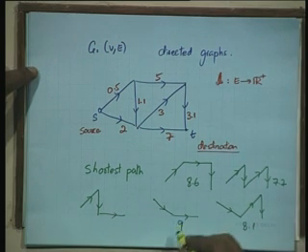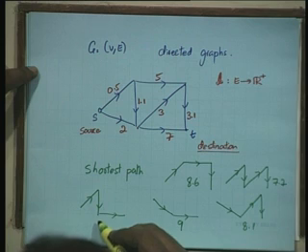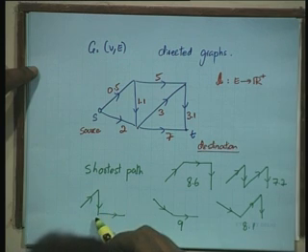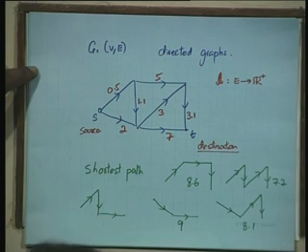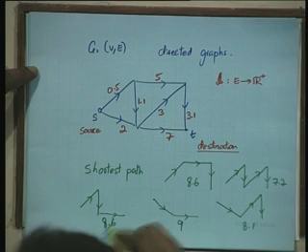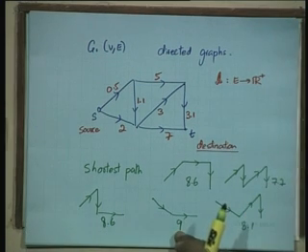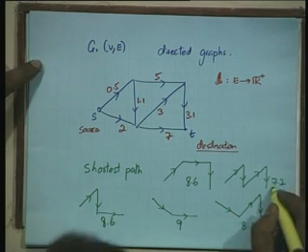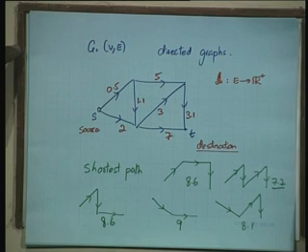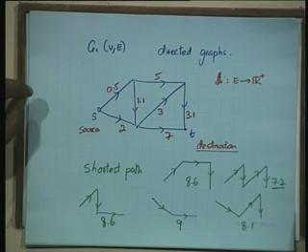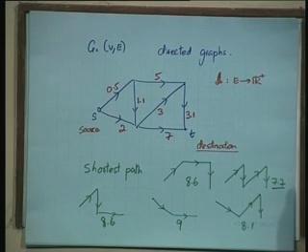This is 9. This is 8.6. So, if these were your GPAs, you would have preferred this. But clearly we are interested in the shortest path. So, we would like to take this path, 7.7, because it is the shortest way to get to your destination.